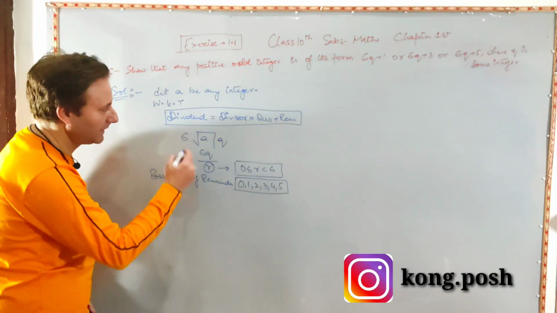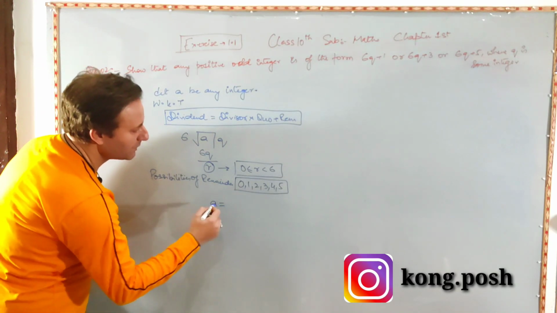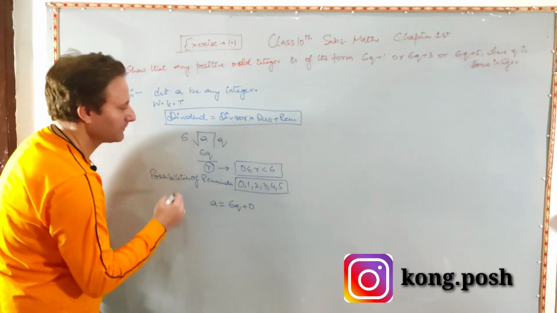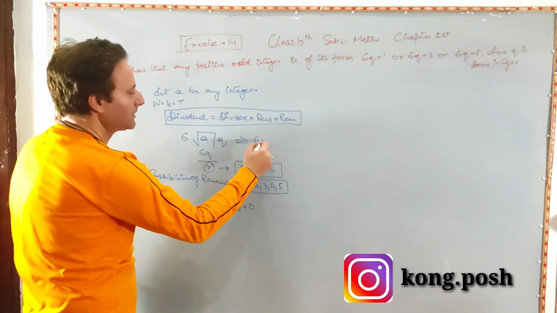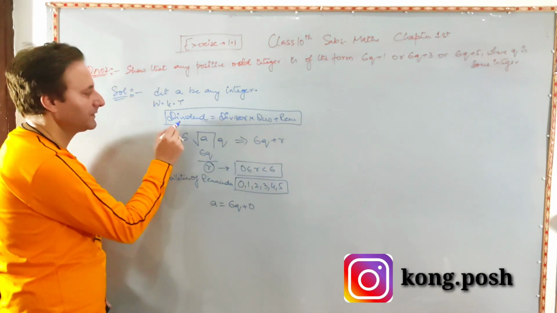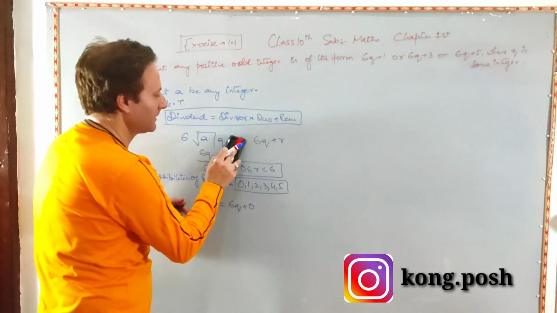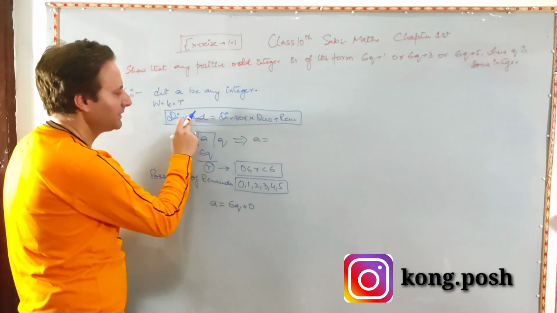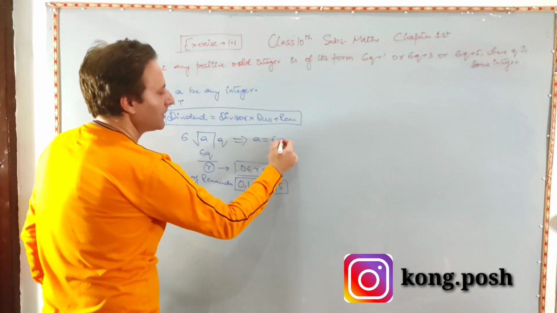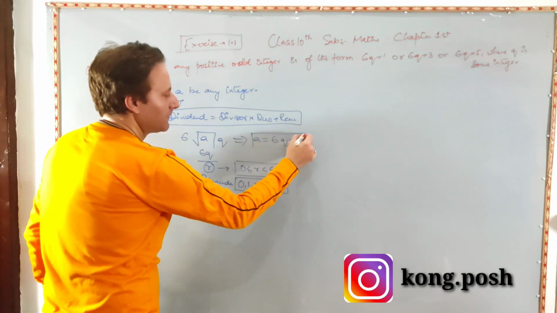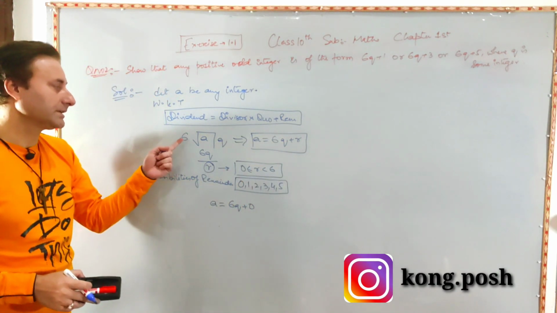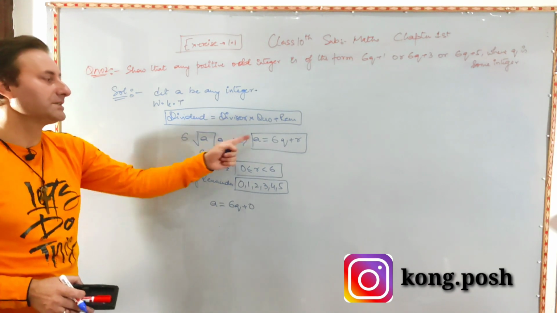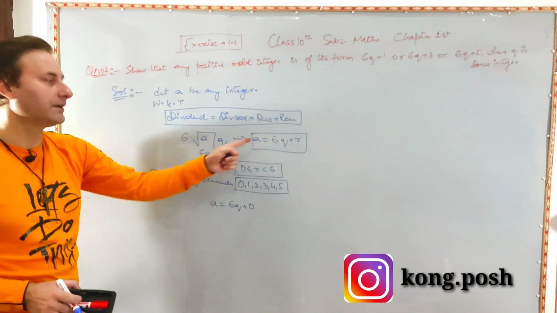So what I can do is say a is equal to 6q plus r. Dividend is equal to divisor into quotient plus remainder. Dividend is a, so I have written a is equal to divisor 6 into quotient q, and r is the remainder.